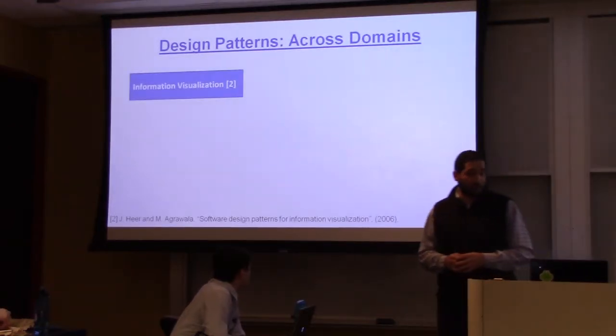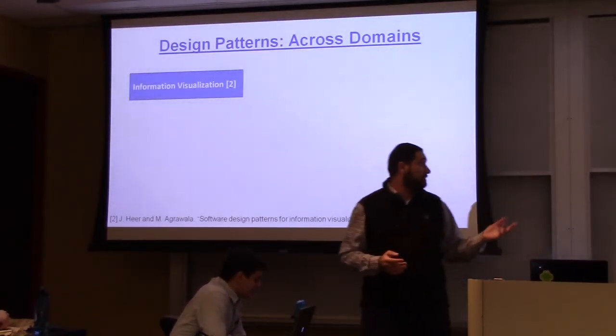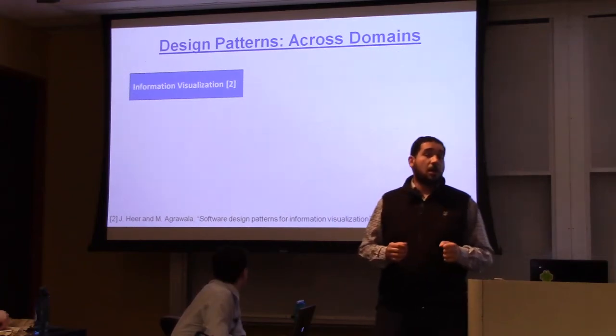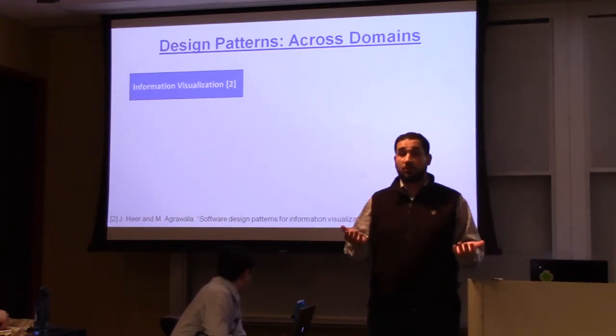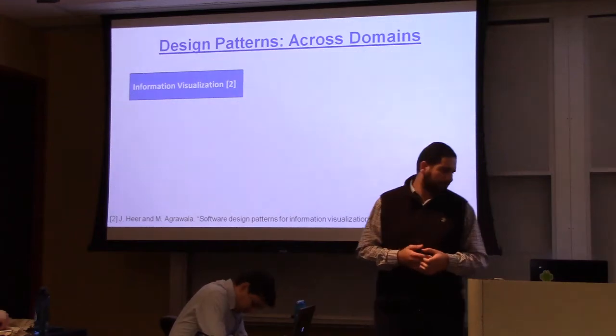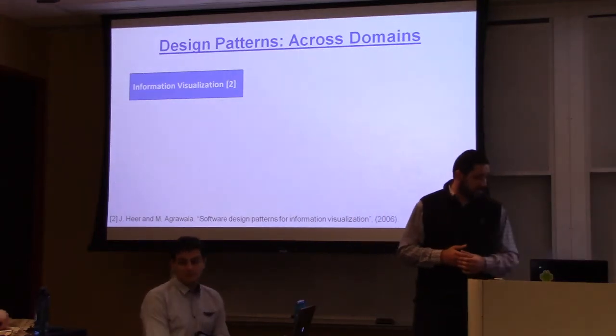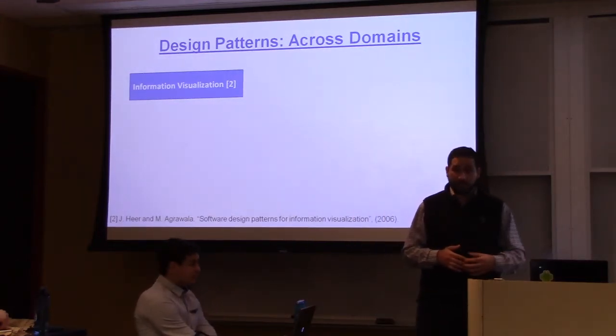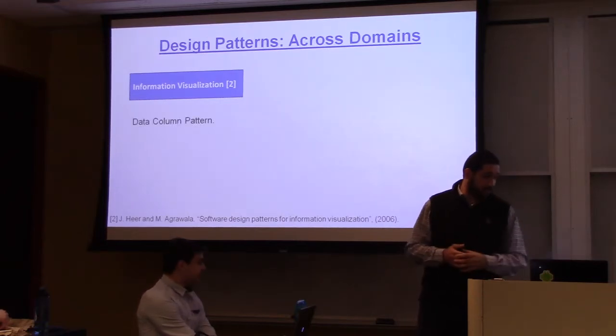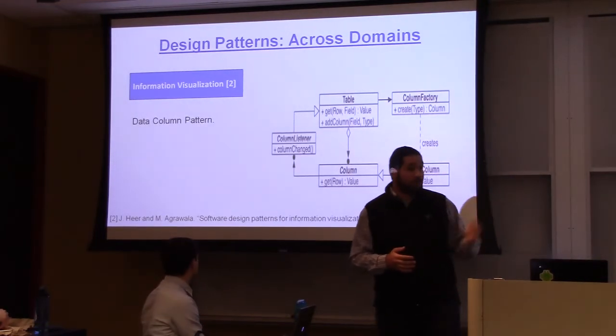Another example of using design patterns across domains is information visualization. If you have information that you want to present visually, this again was presented in 2006, one of the most cited papers. I chose three patterns to present here. One of them is the data column pattern.